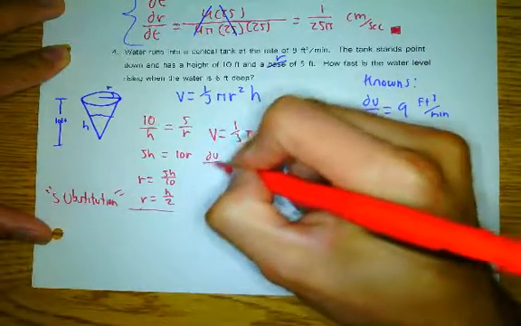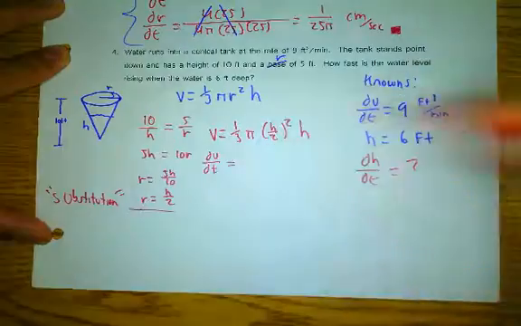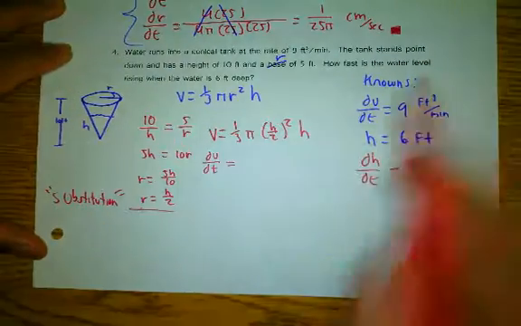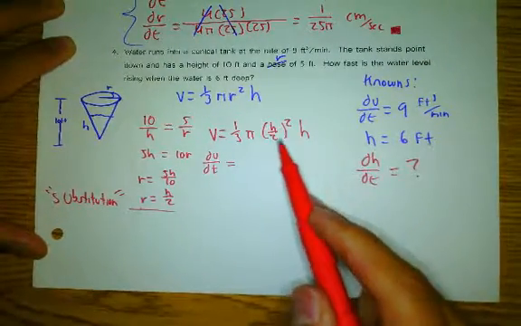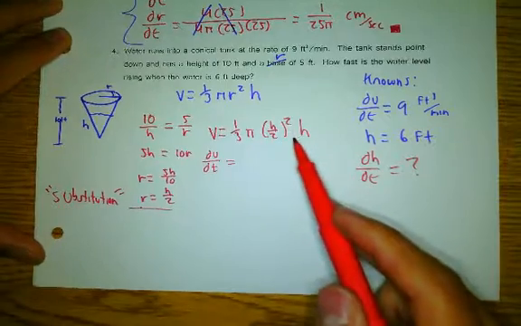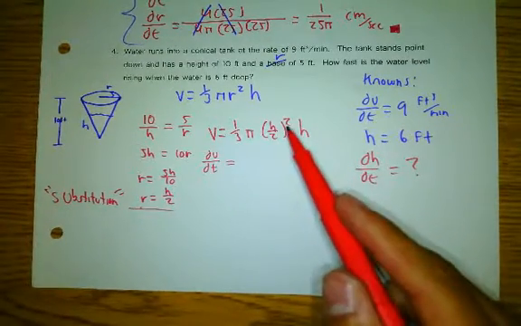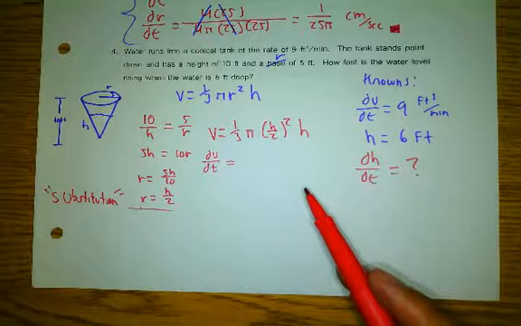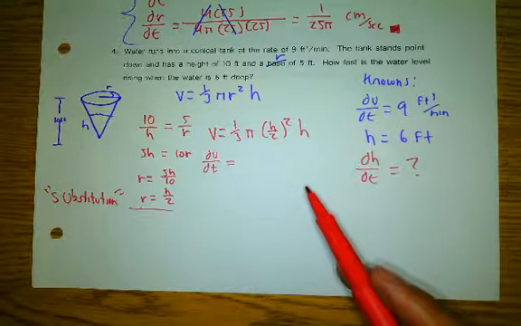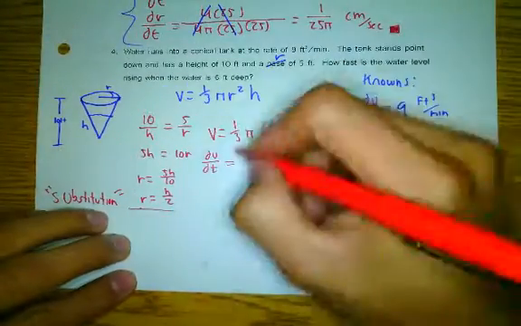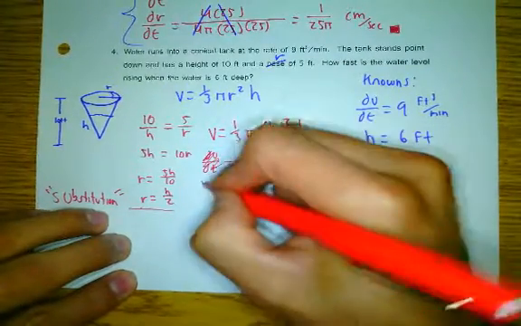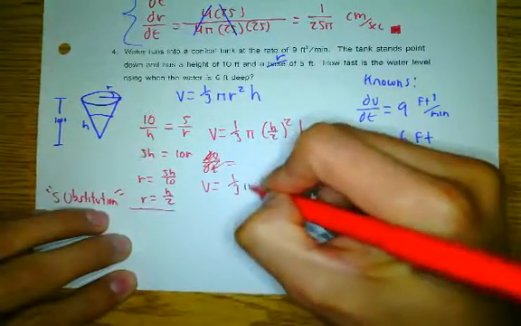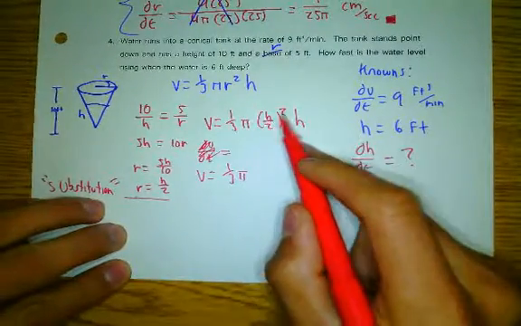Alright. Couldn't this technically be rewritten as h to the third over 4? Do you guys agree? Before we go on, make sure we're all there. So I'm going to just rewrite it. Volume equals 1/3 pi. The square applies there, so h squared times h becomes h to the third over 2 squared, which is 4.